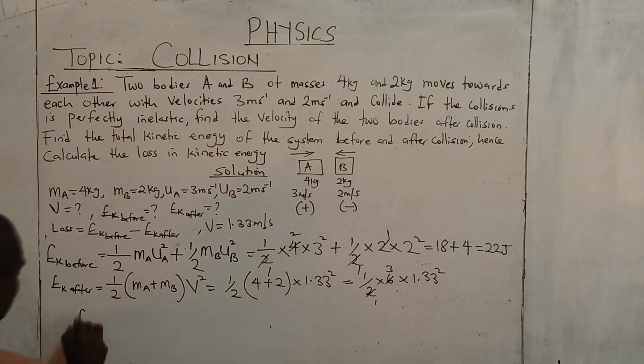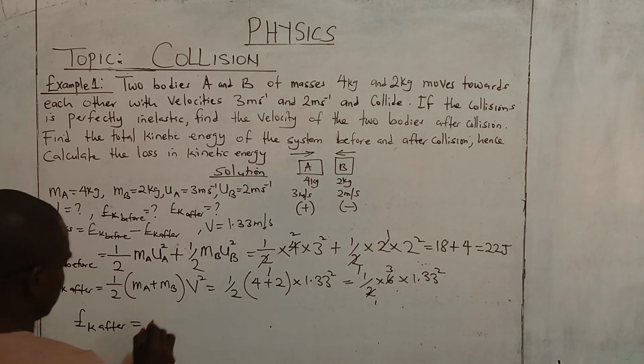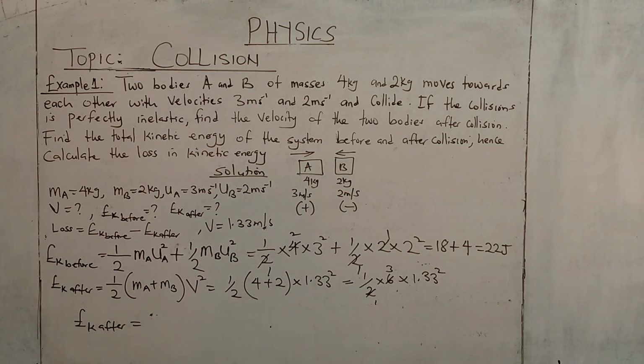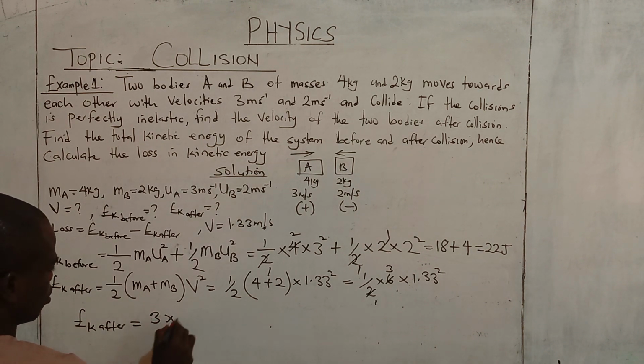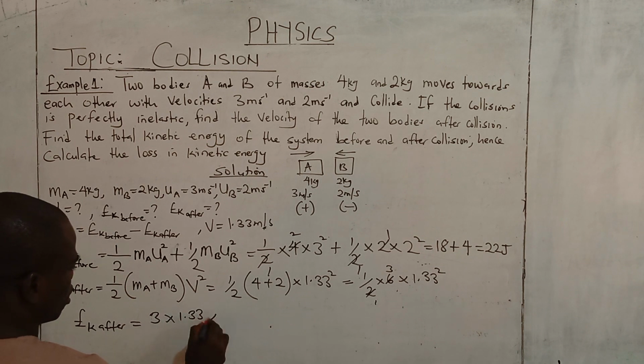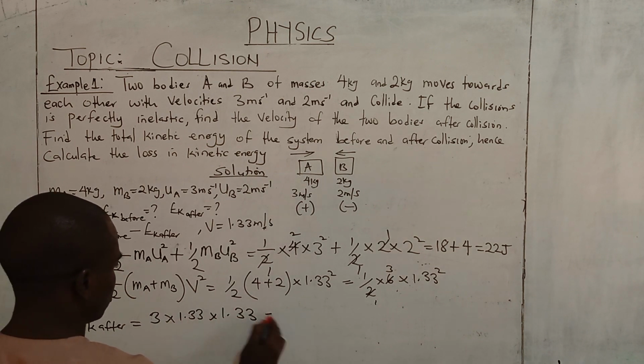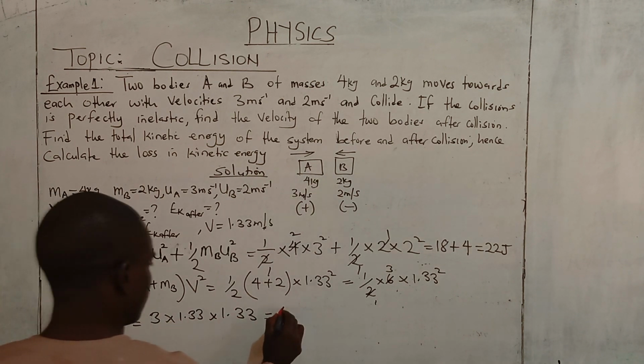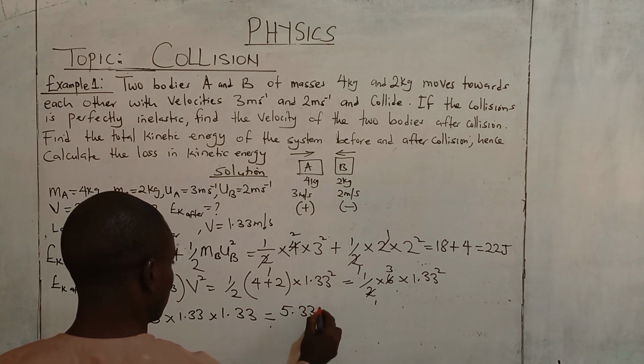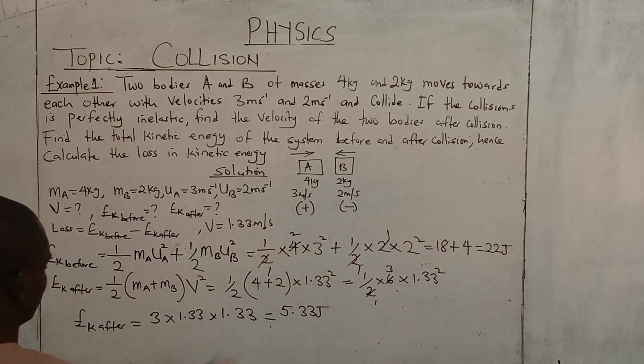Kinetic energy after equals, when you multiply them together, that's 3 times 1.33 times 1.33, you have 5.33 joules.